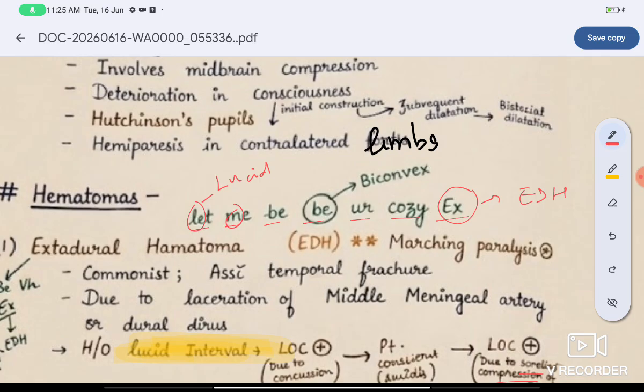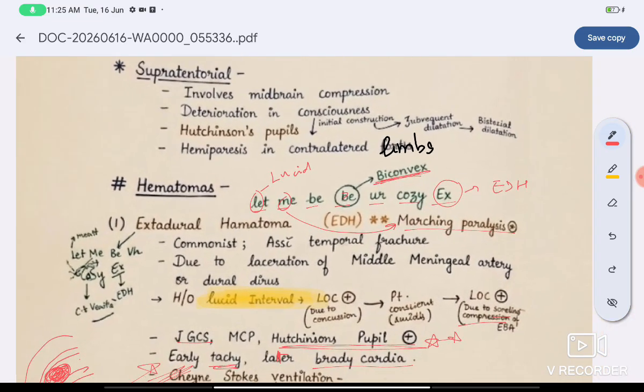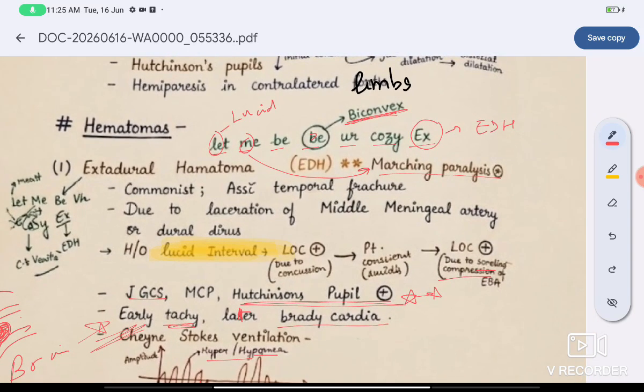M stands for the marching paralysis, which means paralysis starts from one point and then proceeds to involve the whole body gradually. So it is known as marching paralysis. Then B stands for biconvex appearance on the CT scan. Then C stands for Cheyne-Stokes ventilation and commonest type of fracture. Okay, so you may use this mnemonic to remember all the features of EDH.